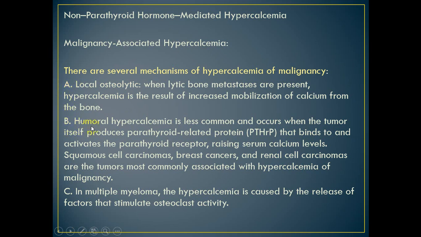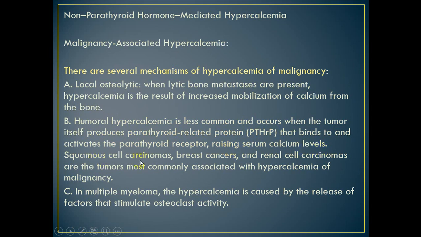Second mechanism is humoral hypercalcemia. Although it is less common, it usually occurs when a tumor has the ability to produce a substance or peptide called parathyroid-related peptide, which has the ability to bind to the parathyroid hormone receptor and activate it. So it acts like parathyroid hormone, and it will cause rise in serum calcium level.